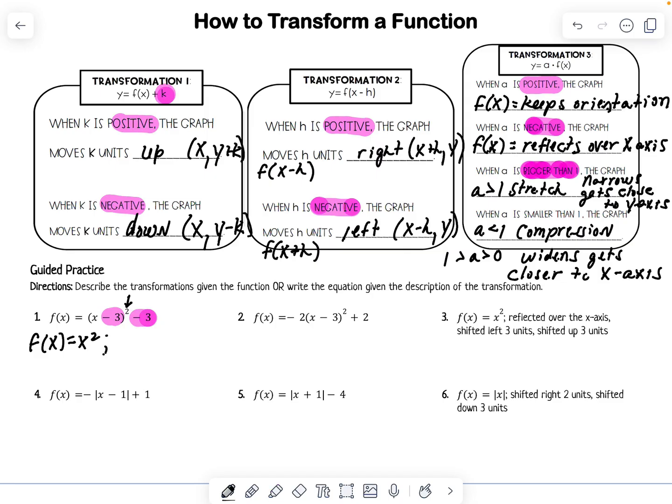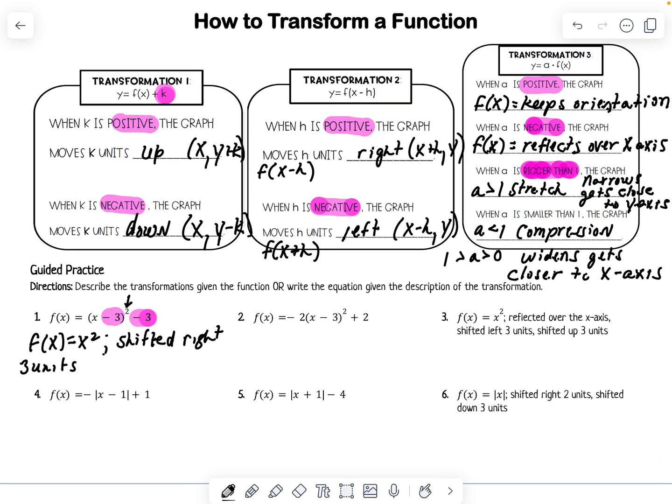So what does the H do? Well, it's a -3, so we have to think of it as the opposite, as a plus 3, because when we pull it out, it's a plus 3, right? When we take it out of this vertex form. So we know that it's going to move to the right. So we shifted right 3 units, okay?